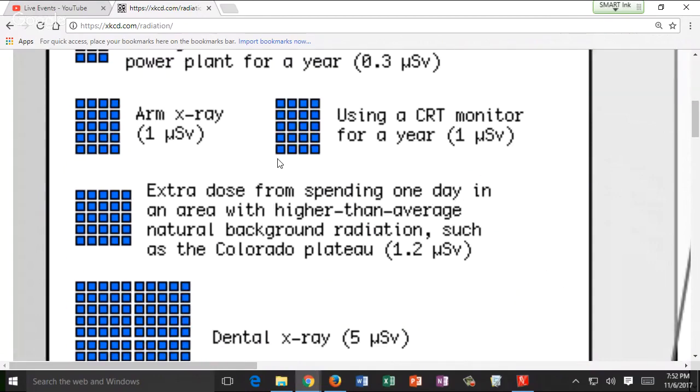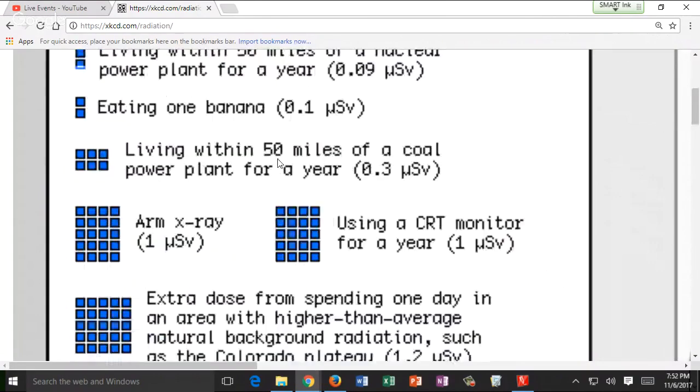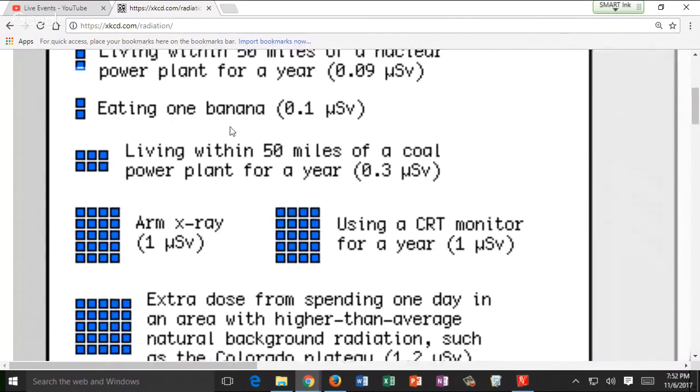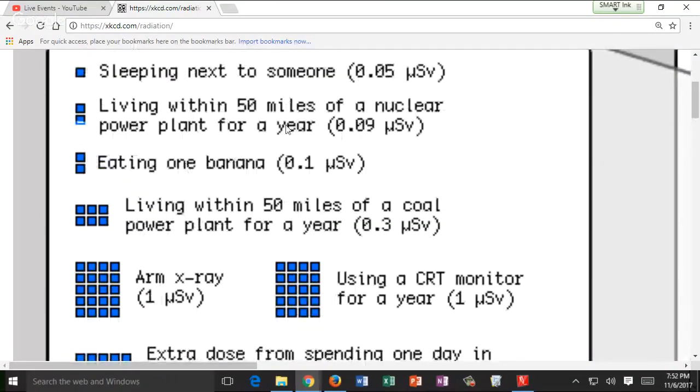But then the interesting stuff about this is that some of the stuff that people are most worried about is actually the smallest doses, like living by a nuclear power plant for a year. You're getting almost nothing. You get more from eating a banana than from a year living by a nuclear power plant, right?